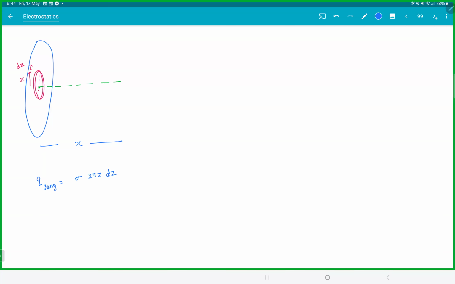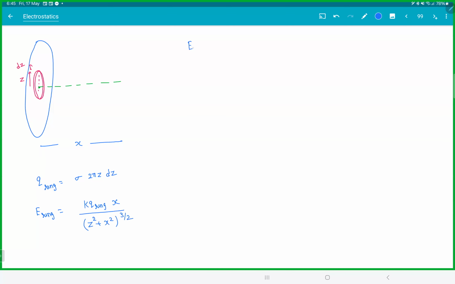So the field you want: field due to the ring is k q x by z square plus x square whole power 3 by 2. This is the formula due to the ring.